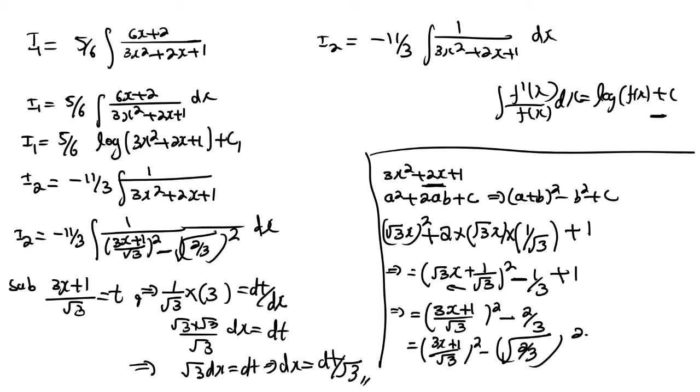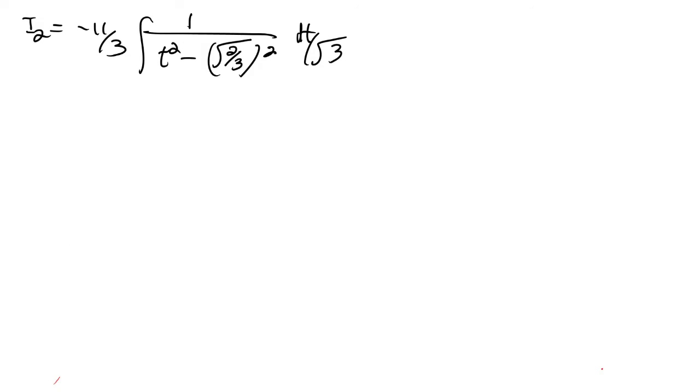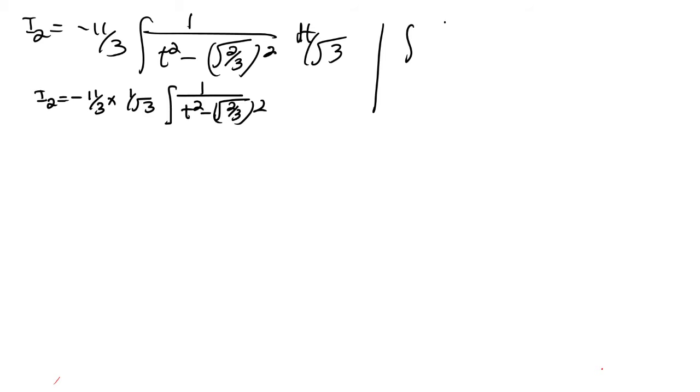Okay, now substitute this value in I2. So you will get, taking this root 3 outside, I2 value is equal to minus 11 by 3 into 1 by root 3 into integration of 1 by t square minus square root of 2 by 3 whole square. See, we have the formula integration of 1 by x square minus a square into dx equal to tan inverse of x divided by a plus c.